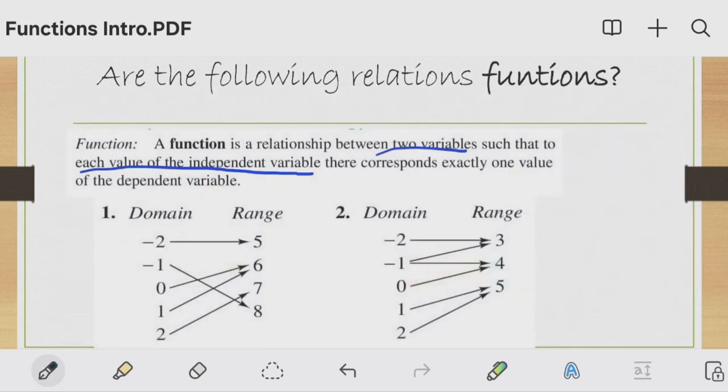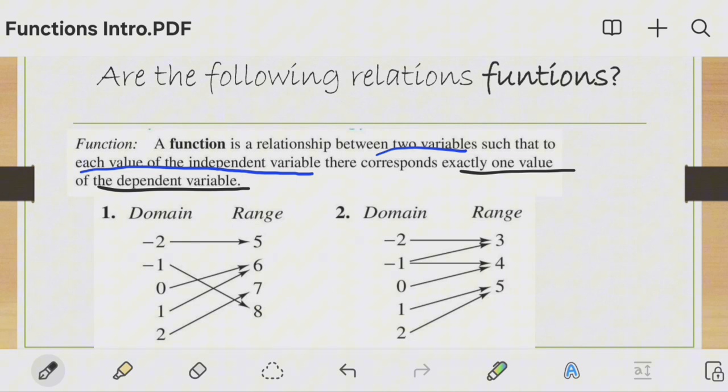That is very important. Corresponds to exactly one output value. So when you look at this relation here, remember we have different ways of representing functions. This is a way of representing functions. But the question that we are having here is, are the following relations even functions? Are they functions?